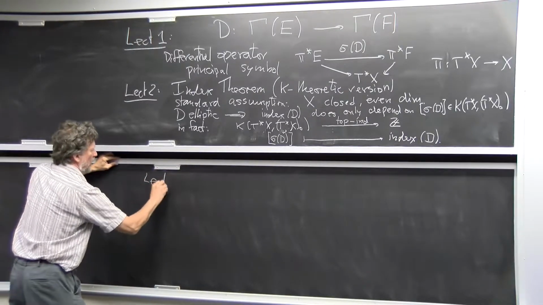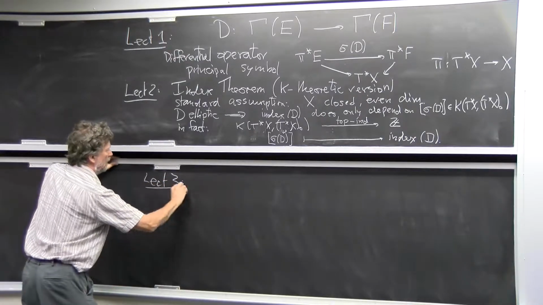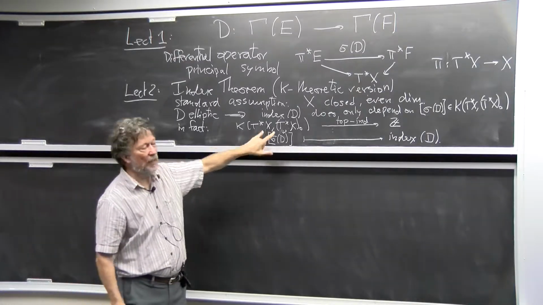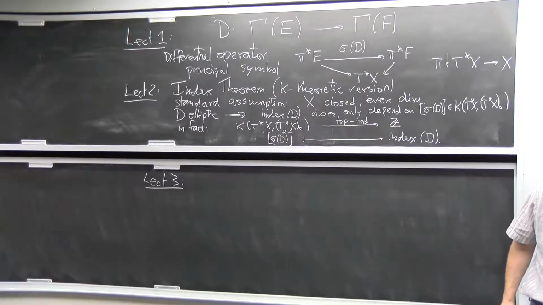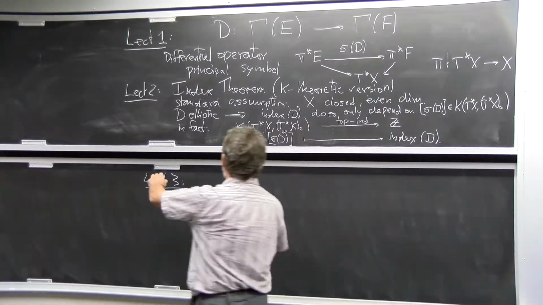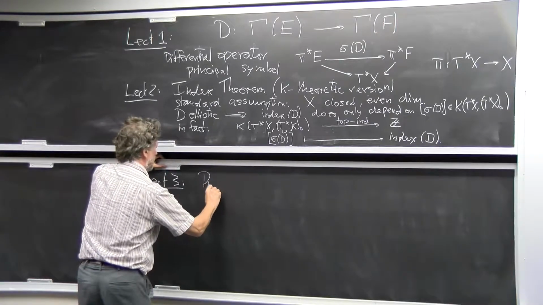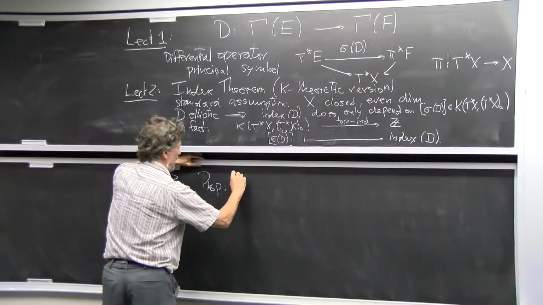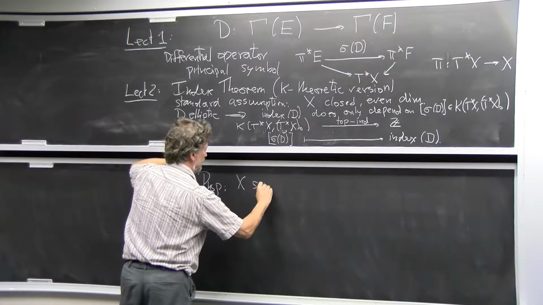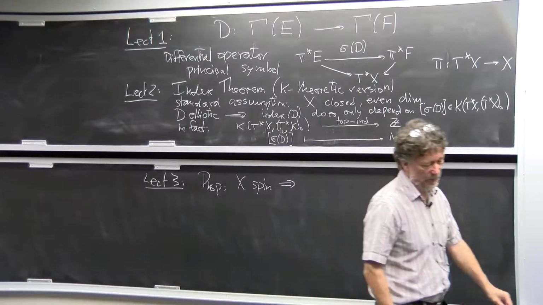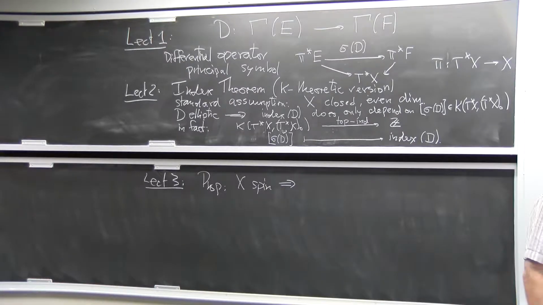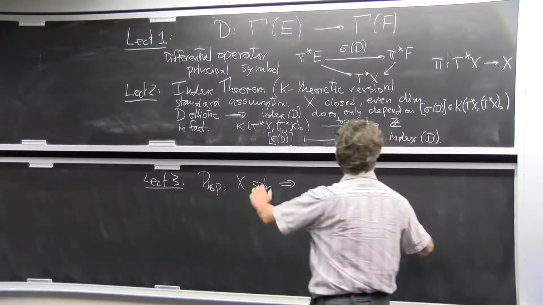So then in lecture 3, we were focusing in on this relative K-theory group and trying to understand it in more explicit ways. And we proved the following proposition, that if X is spin, then we have a nice isomorphism. We have a different way to think of this relative K-theory group.